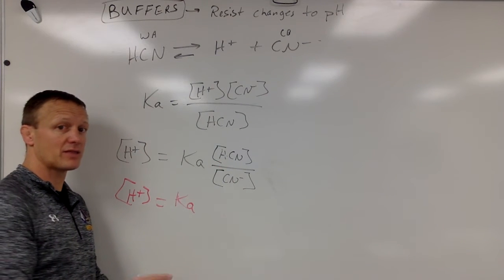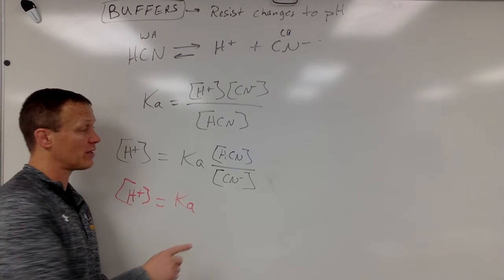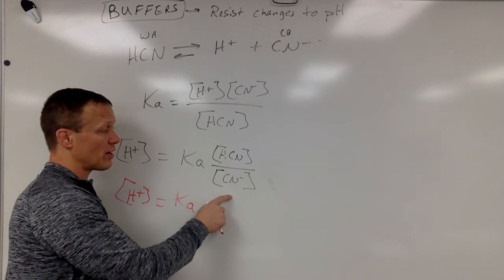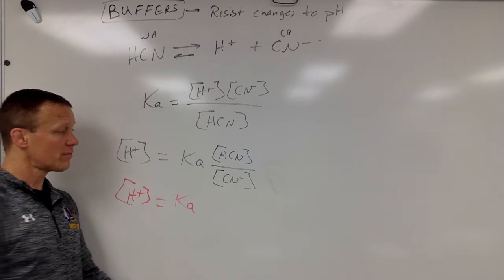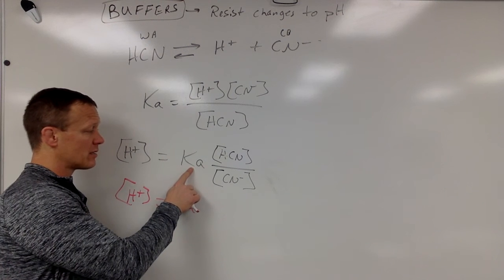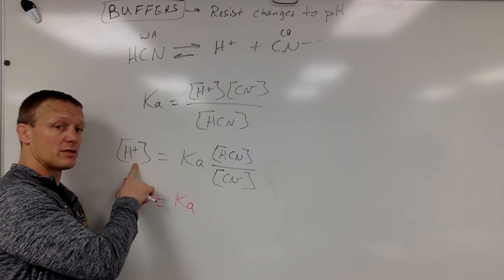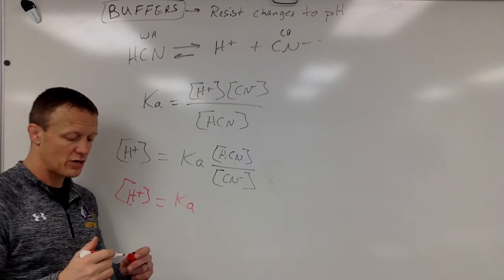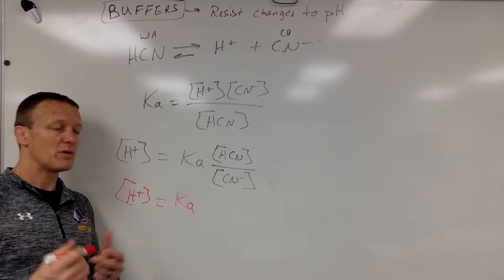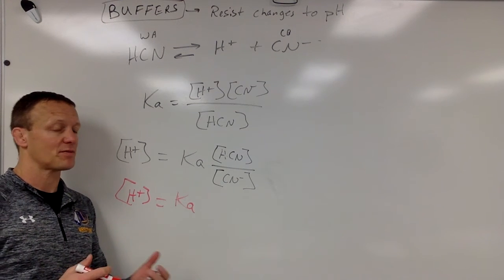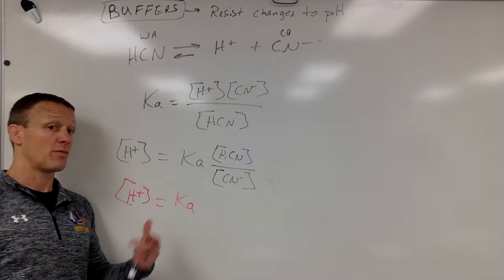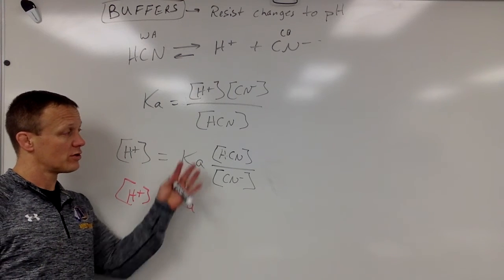For a conjugate acid and conjugate base, Ka times Kb equals 1 times 10 to the negative 14th. One of these two things is stronger than the other. The bigger the Ka, the more H plus ions, if we have equal amounts. So you can make a buffer with varying pHs. Sometimes you want a buffer with a pH of 5, sometimes 8, sometimes 7. You can change that.